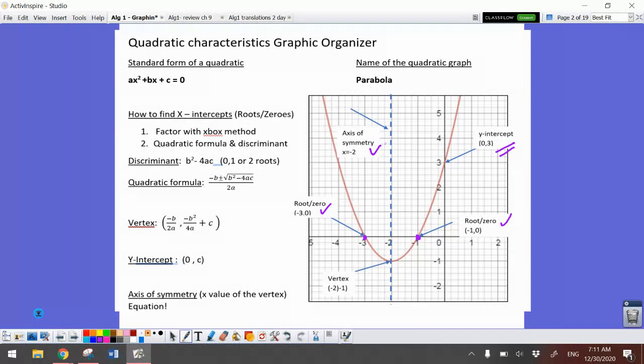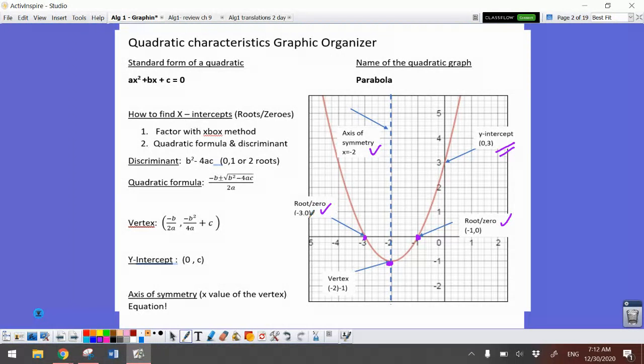So the axis of symmetry is what rolls down the middle of the parabola. Okay, notice it's a dashed line because it's kind of an invisible line, and it is the middle of the parabola. Okay, and then the new one for us today is the vertex, which is going to control whether it's a maximum or a minimum.